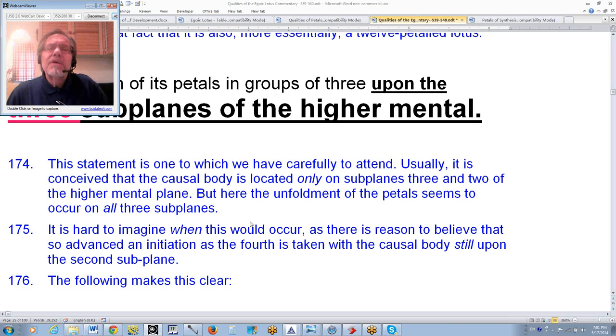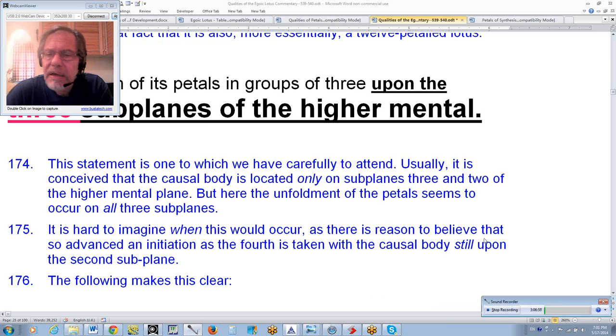The destruction seems to occur upon the second subplane of the higher mental plane, and only the monadic permanent atom itself is found on the first subplane, and in a strange kind of way, the location of the jewel in the lotus is said to be between the highest mental subplane and the Buddhic plane. Whatever that means, well, we'll have to make that clearer, if we can, as we go along.